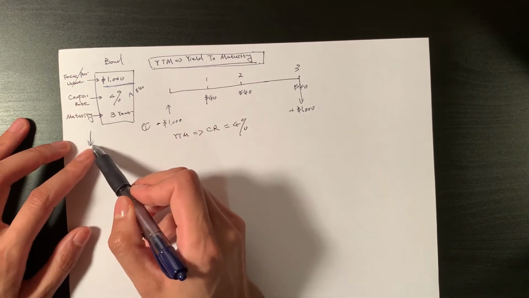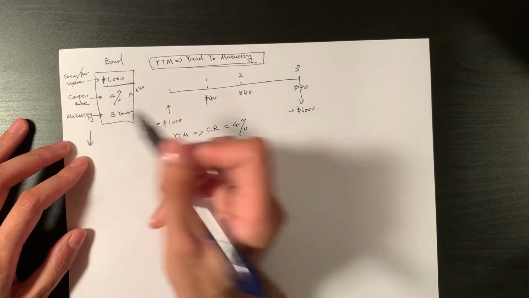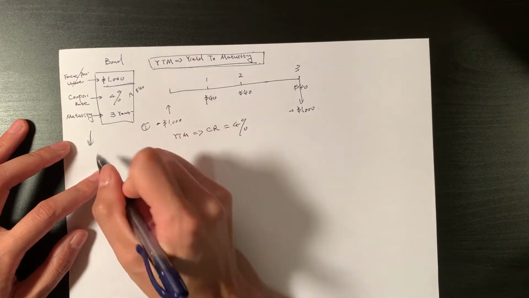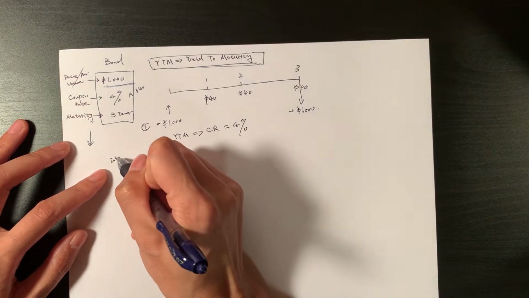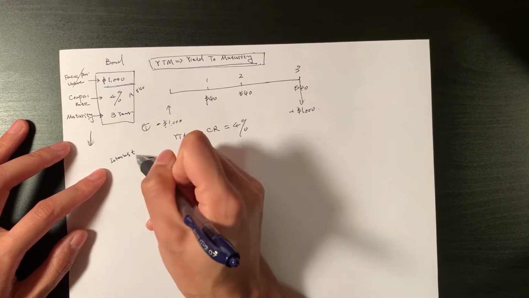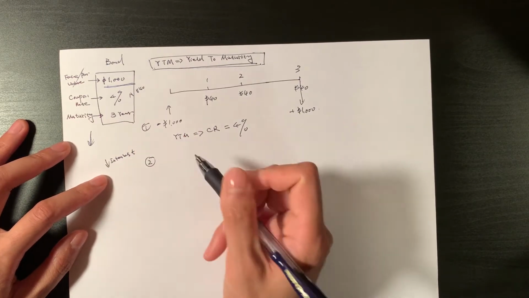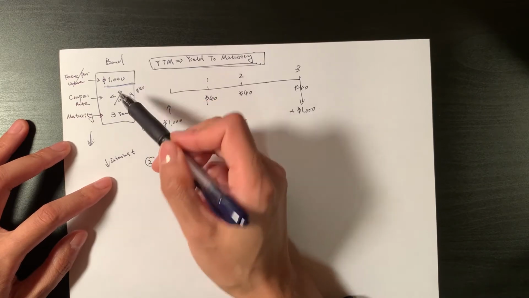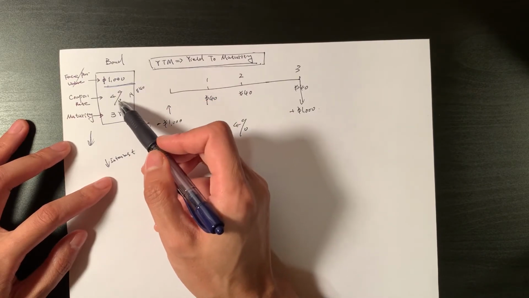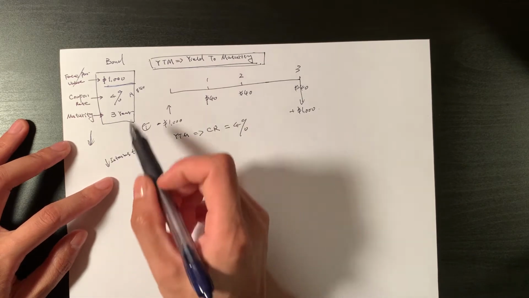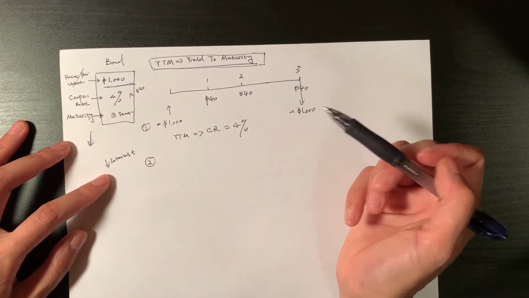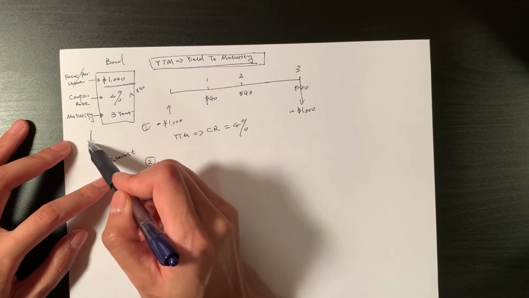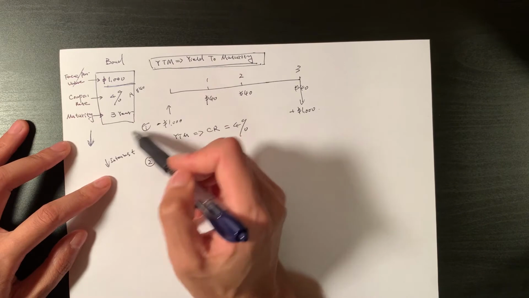The market interest rate went down, which means if new bonds come out, they're going to be issued at a lower rate. In this situation, these bonds are worth more, so people want to pay more for them. When the interest rate drops, you have to pay more for these bonds.